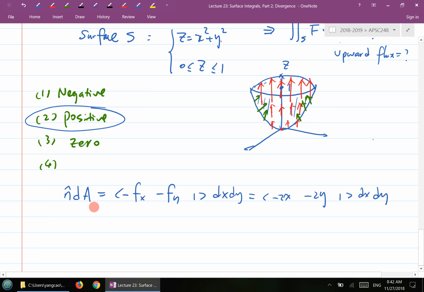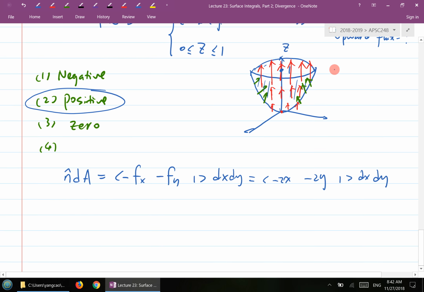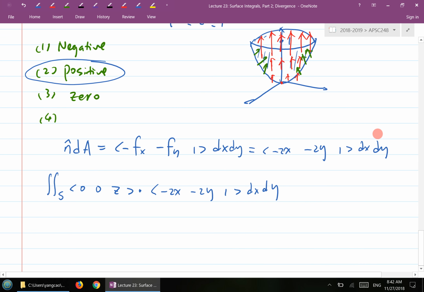Then I'll bring it back to this formula here, the surface integral of F. F is 0, 0, z, that's the vector function F, dot n hat dA, so dot negative 2x, negative 2y, 1, and dx dy. Carry out the dot product. 0, 0, so those cancel, you get z times 1, so just a z over here now.